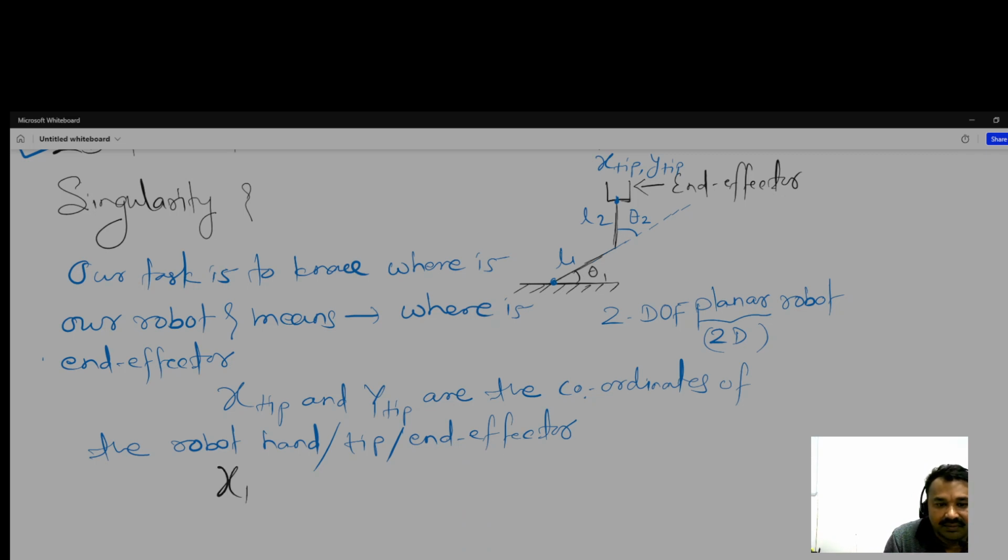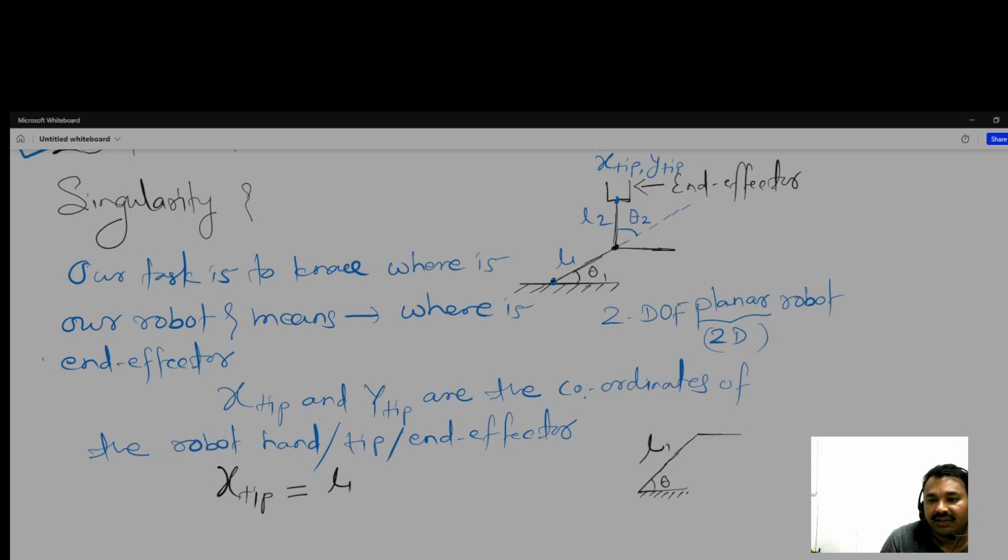So x tip is equal to what? Firstly, the link length L1, there are 2 links, so that's why L1 and cos theta. Here this is theta 1 and it is L1.